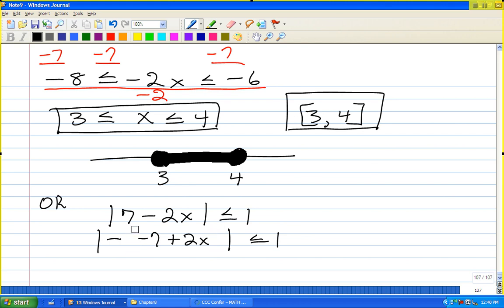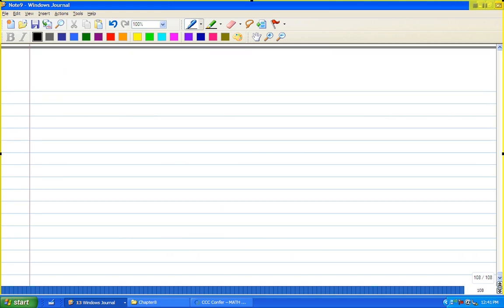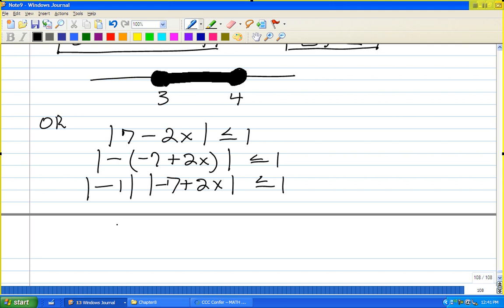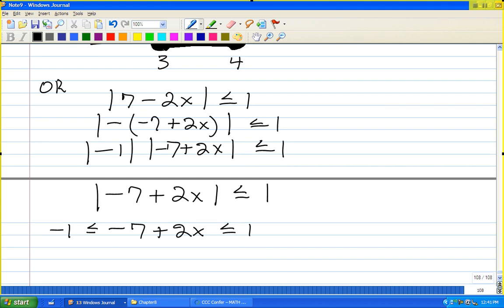So just factor out the negative sign. And like before, the absolute value of negative 1 is just 1. And so this is just the absolute value of negative 7 plus 2x less than or equal to 1. So this just says that negative 7 plus 2x is between negative 1 and positive 1.